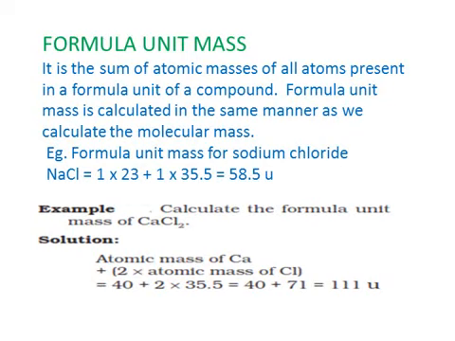As an example, I have taken up the formula unit mass of sodium chloride, which has a formula NaCl. It contains one atom of sodium and one atom of chlorine. Therefore, 1 into 23 plus 1 into 35.5, therefore it is equal to 58.5 atomic mass unit. So formula unit mass is also calculated as we have calculated the molecular mass before.